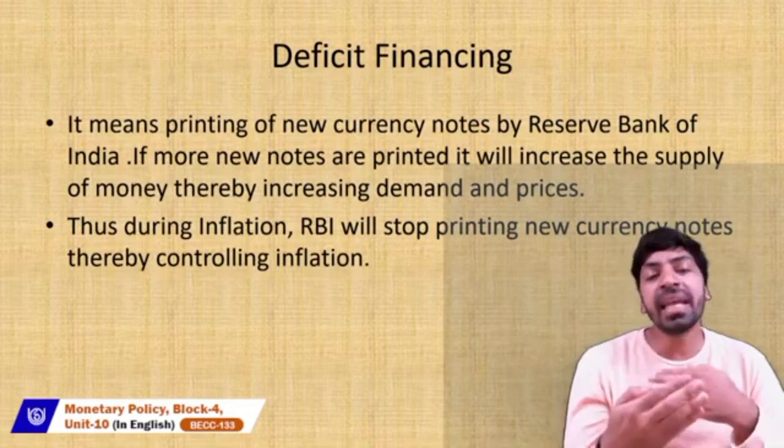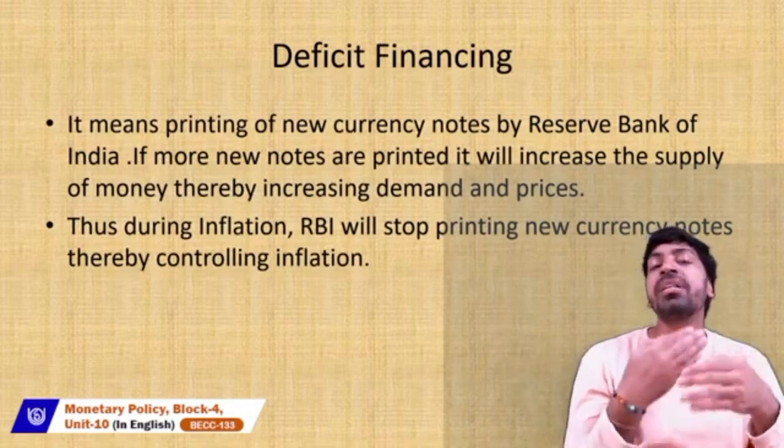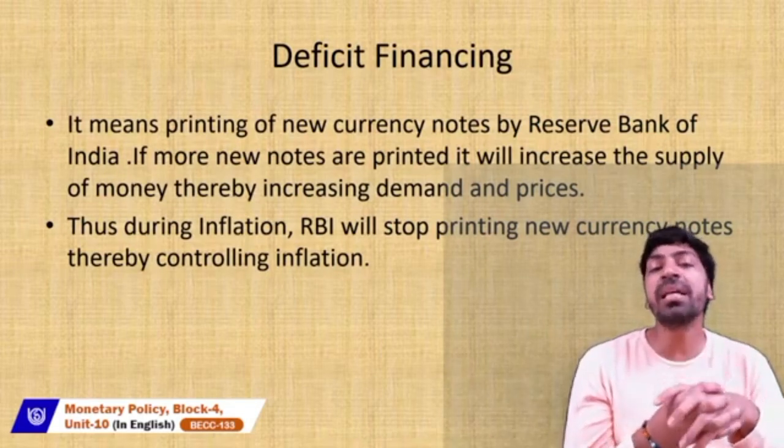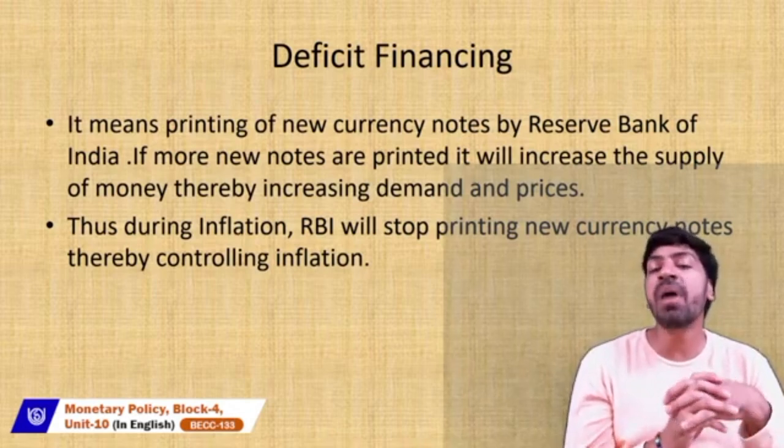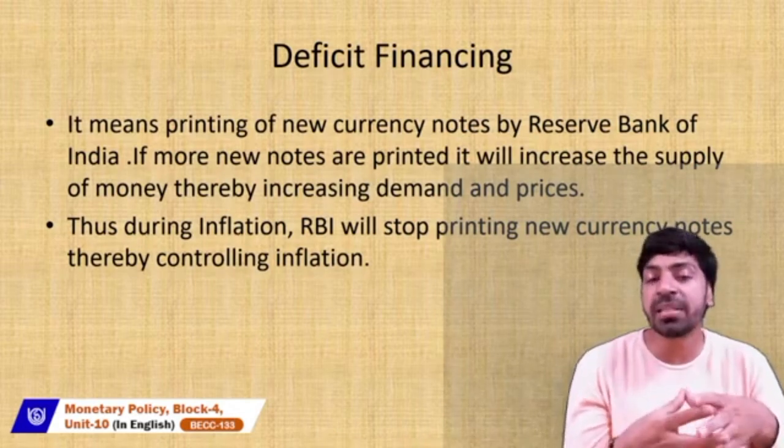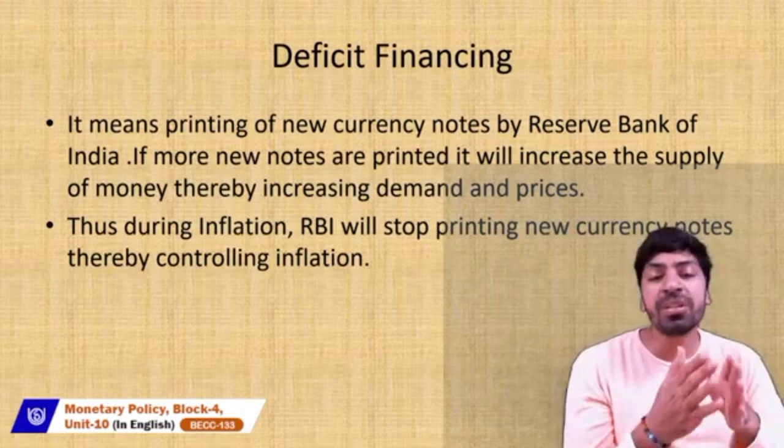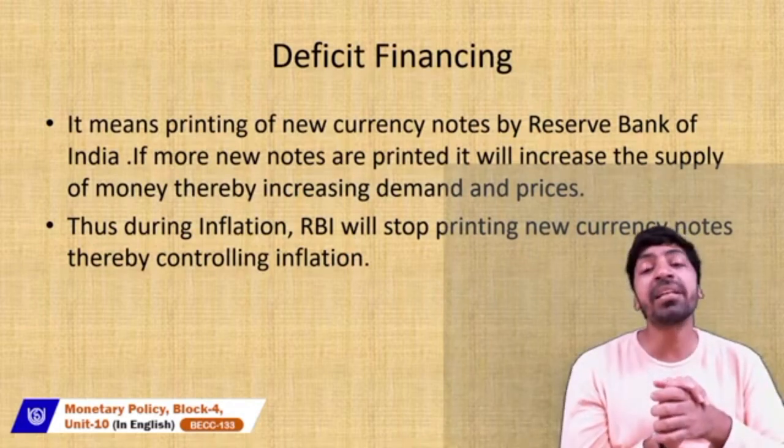So in that case, if the bank prints new notes, then automatically the supply of money and demand for money would get increased. That means the situation of inflation would not get controlled.